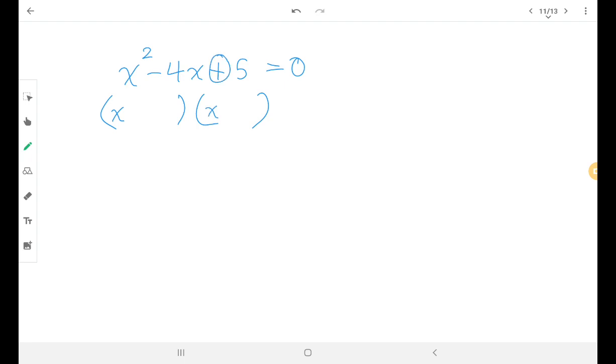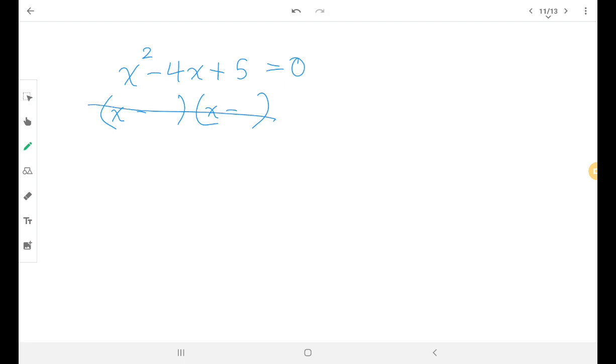If there's a plus here, they're both minus, so it would be x minus and x minus. And then I would need two things that multiply to make 5 and add to make 4. Unfortunately, the only two things that multiply to make 5 are 5 times 1. So I can't factor it.